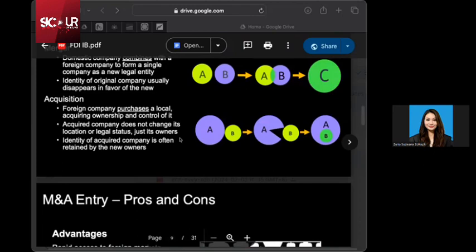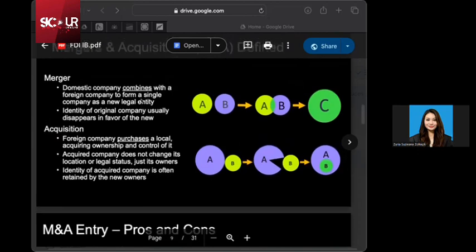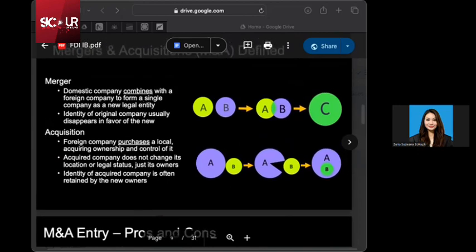However, it is very common for employees or personnel to be concerned once a merger and acquisition happens. One of the common things is that the new owner will bring their own employees in at the managerial level.